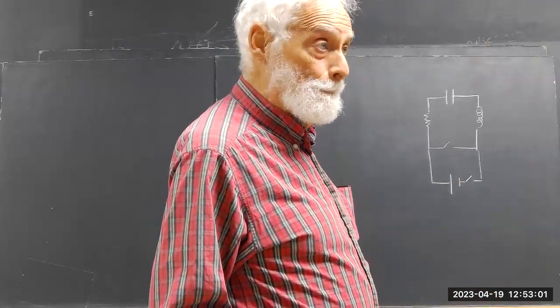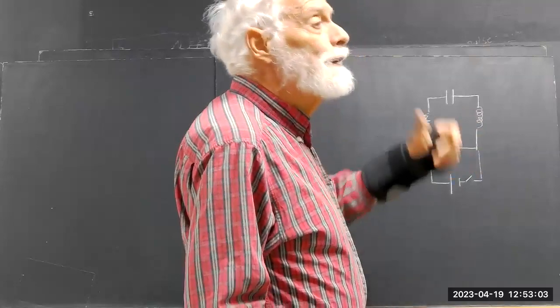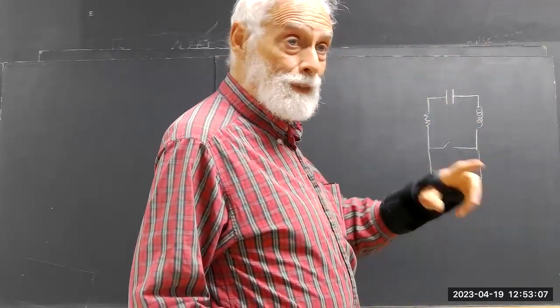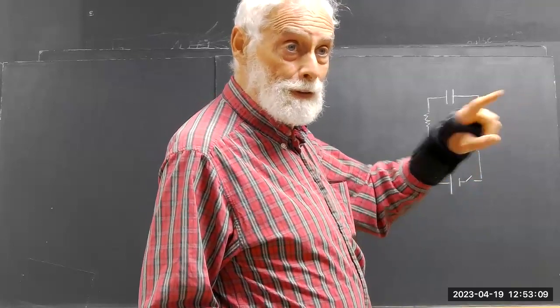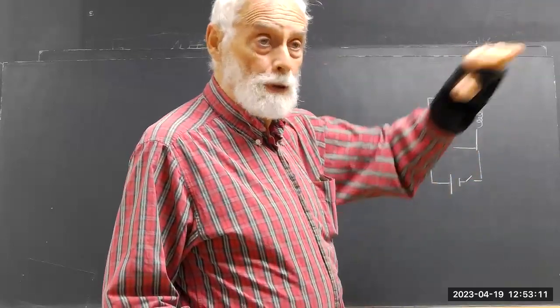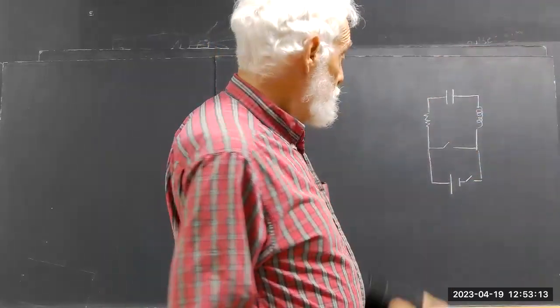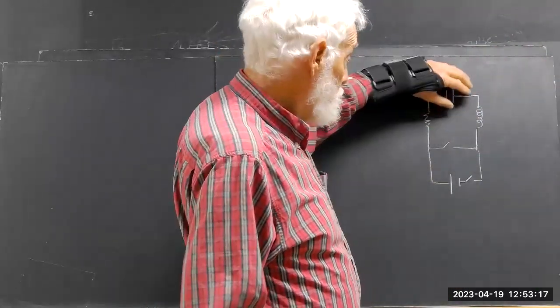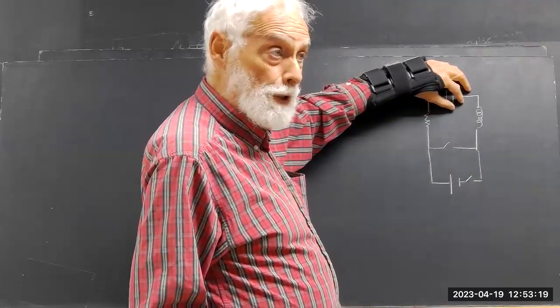So if there's no capacitor, just this and a resistor, as we saw last time, we have an exponential approach to just voltage divided by this resistor, right? No capacitor in here, that's okay, we can do that.